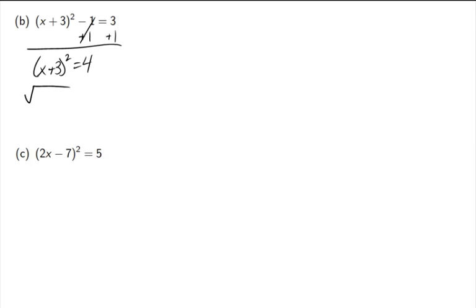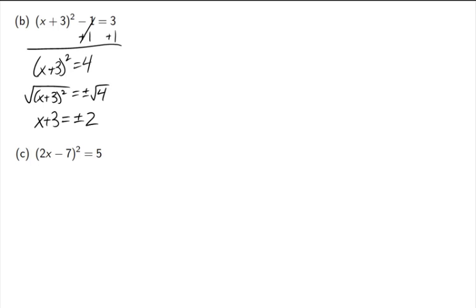Now I'll take the square root of both sides, just like I did last time. And remember, whenever you do that, you need a plus or minus when you take the square root of both sides. On the left side, we just get x plus 3. And on the right side, we get plus or minus the square root of 4. That's 2.